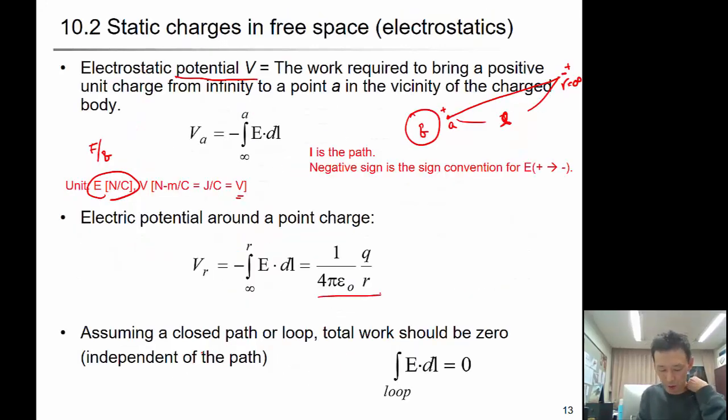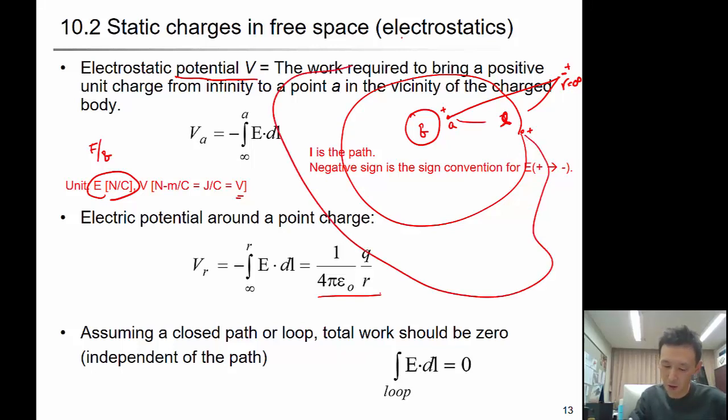And assuming a closed path or loop, total work should be 0. So that means that if you have a point test charge here, and you move the charge along a closed loop, then the total work that you've done will be 0. Even though it's like this much of the work, still it's going to be 0.